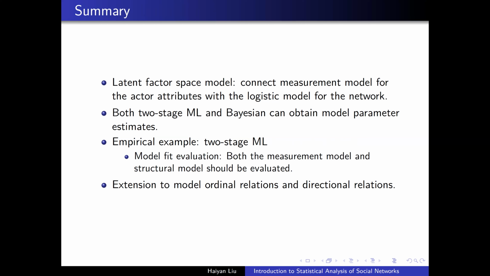We can use deviance-based or information criteria-based indices to help assess model fit. This framework can be extended to ordinal relations, so weighted networks, and also networks with directional relations. Both frameworks are already developed.